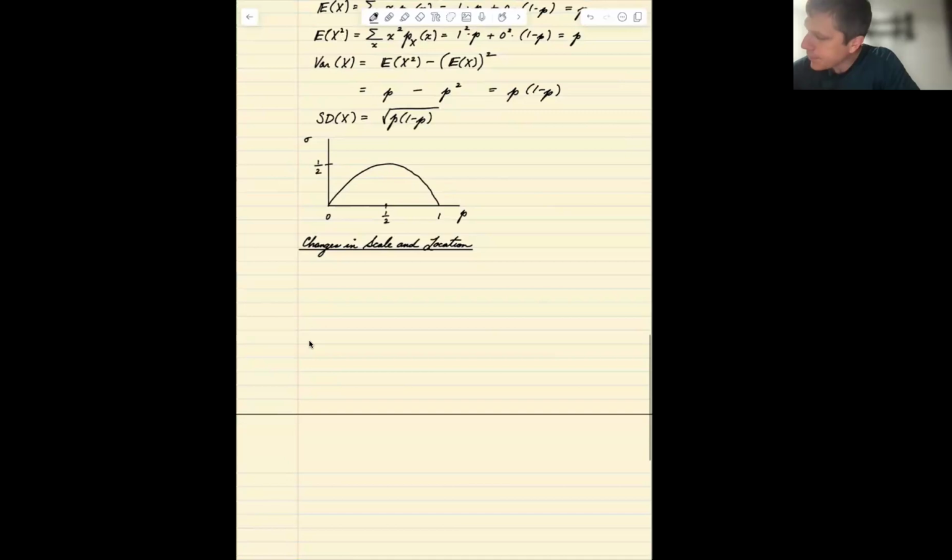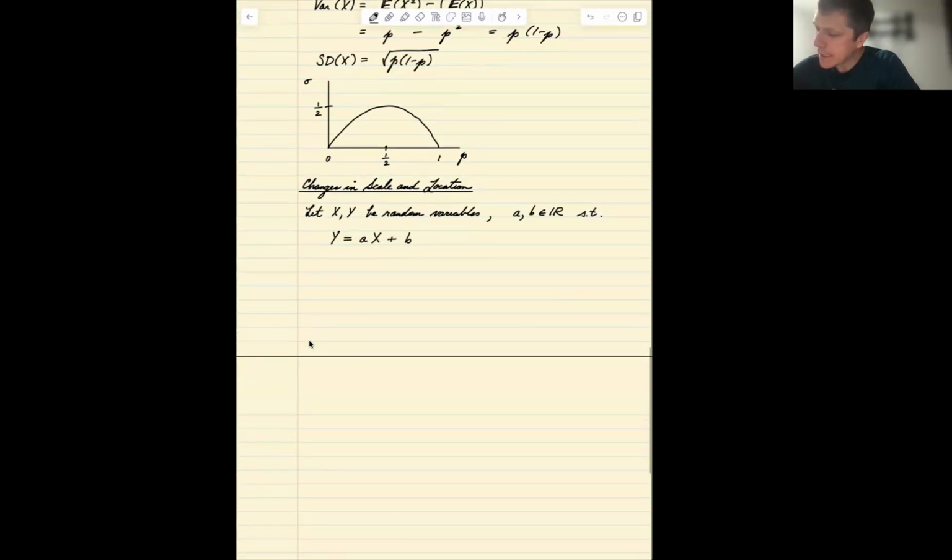we're going to define two random variables, X and Y. We have real number constants a and b. And we're going to define Y to be a function of X. It's aX plus b.